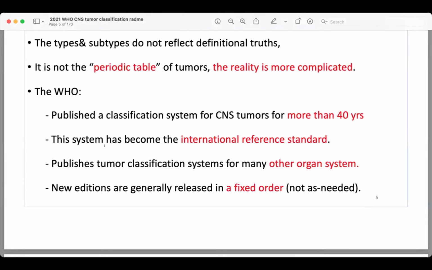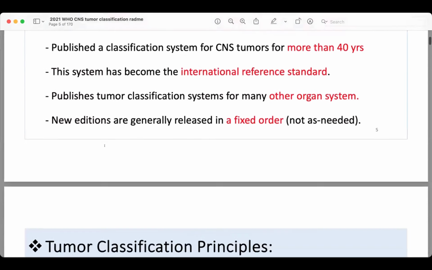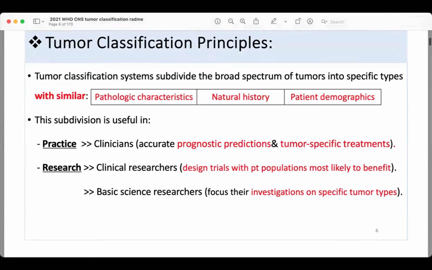I think every 5 years they have a new edition for the tumor classification. They classify the tumors and try to gather them according to the pathologic characteristics, the natural history of the disease, and the patient demographics, also according to the age or the gender preferences.